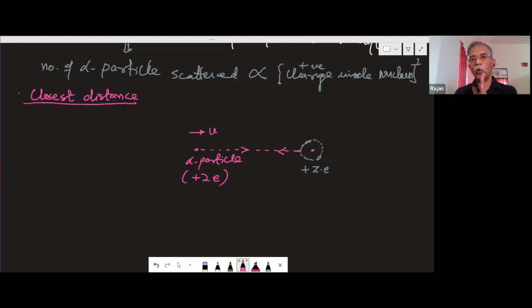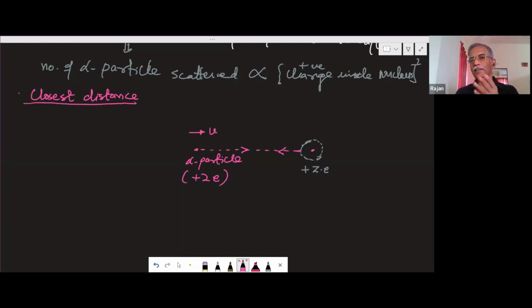The reason behind this: the moment it enters that region, it is very, very close to the center, or inside the nucleus. The particle which has gone inside the nucleus experiences nuclear forces, right? These nuclear forces are always attractive in nature. Got it?